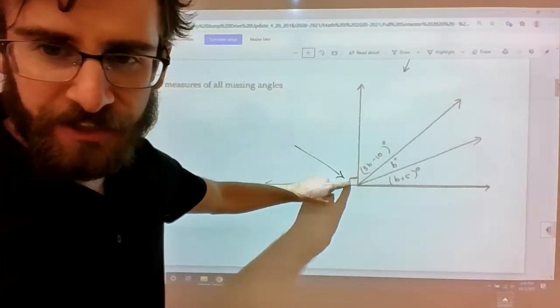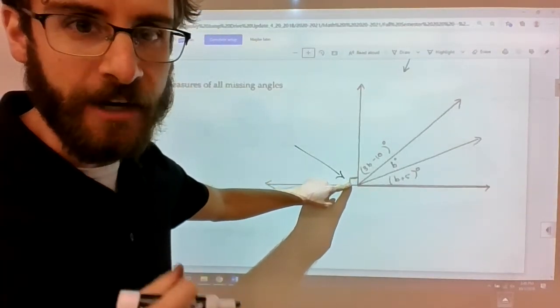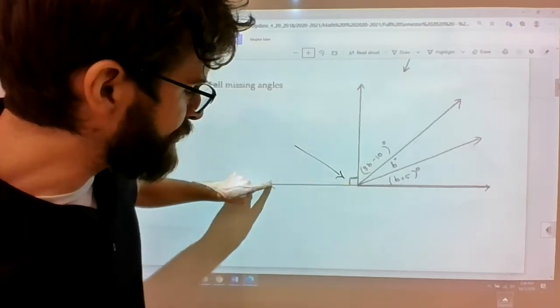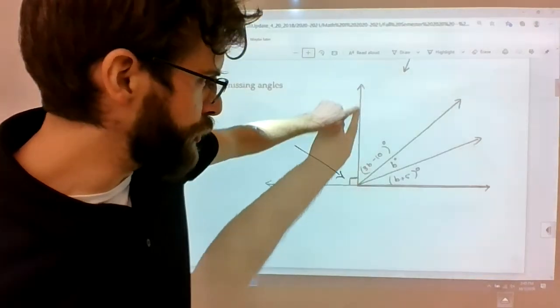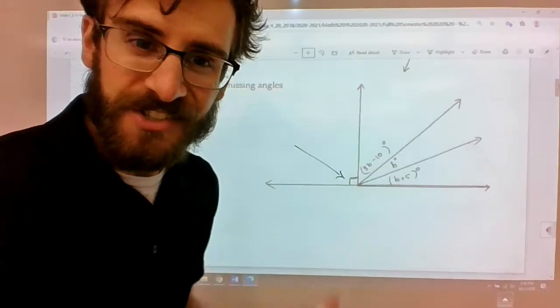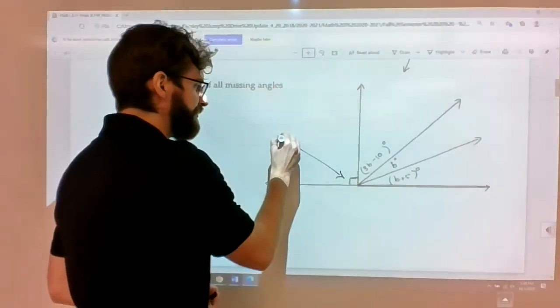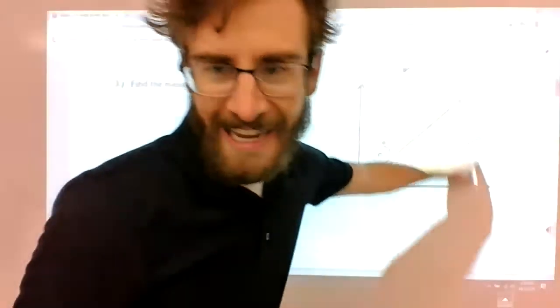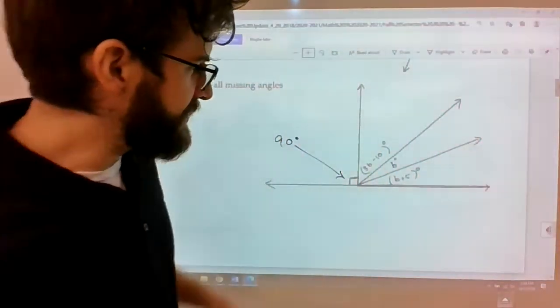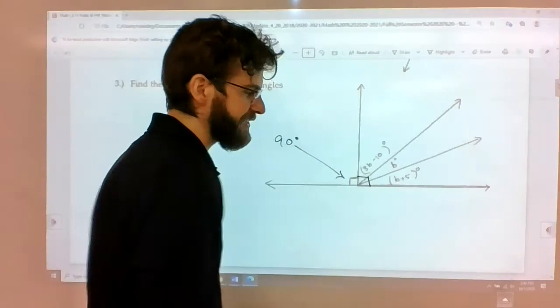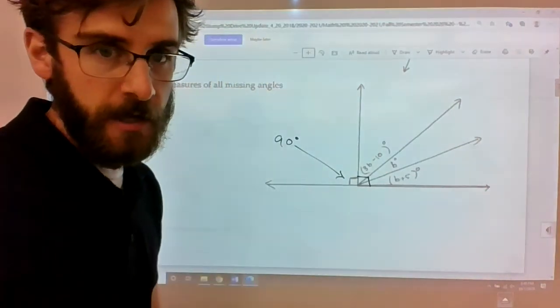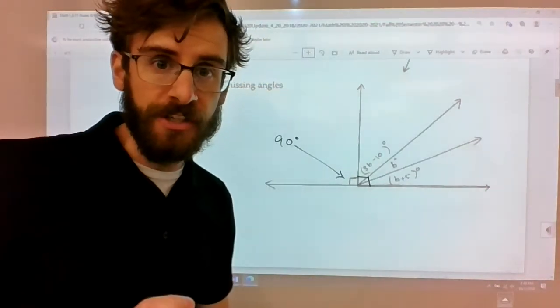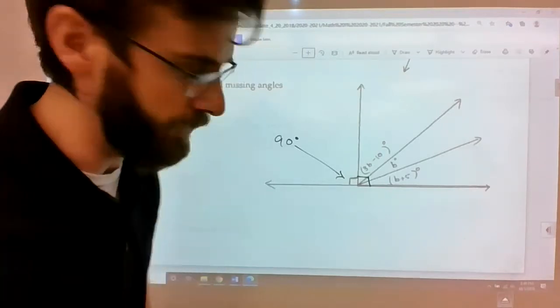That little box there indicates that a right angle is formed from these two, they're called rays, intersecting. So, if this is 90 degrees and the whole thing is 180, then that means that this also has to be 90 degrees. Angles that add up to 90 degrees are called complementary angles.